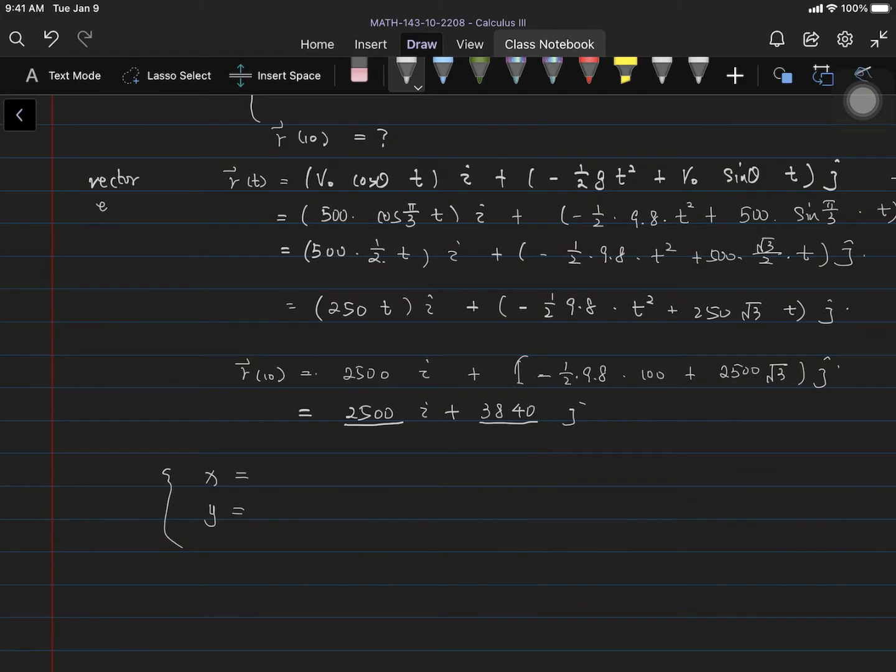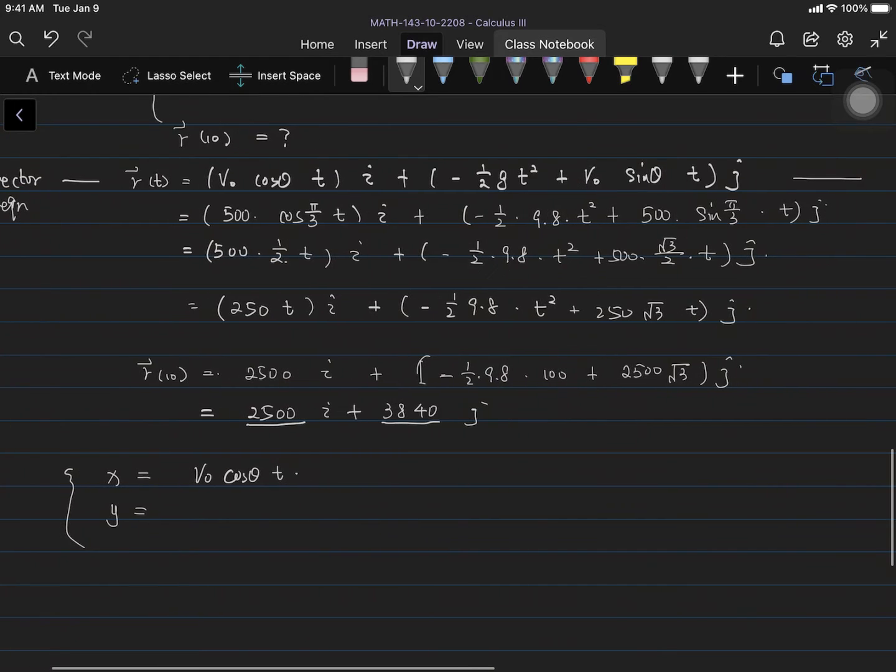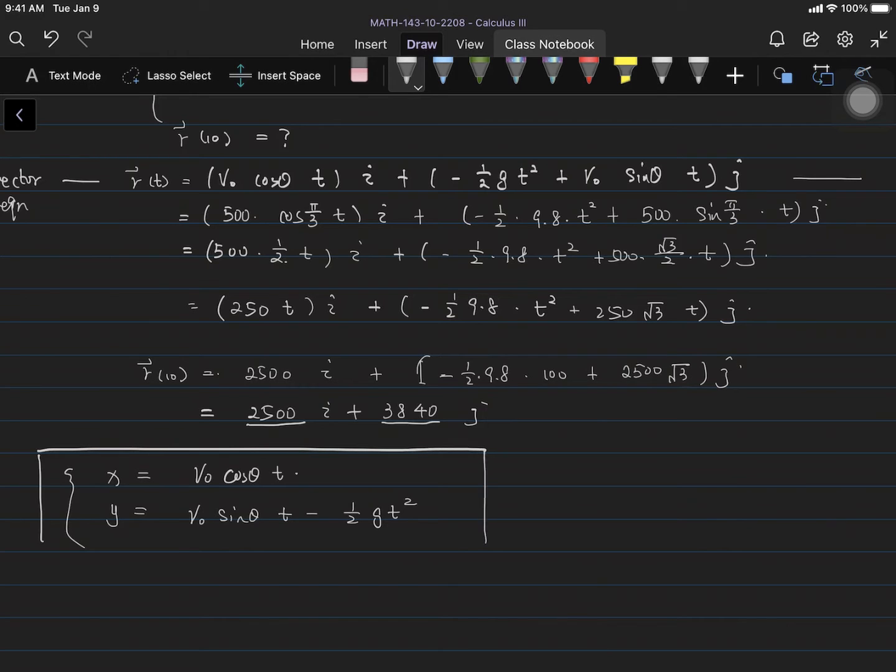And there is a parametric equation: x equals v0 cosine theta t, and y equals v0 sine theta t minus 1/2 g t squared. Maybe this is easier for you to see. This is a shorter equation. These are the parametric equations.